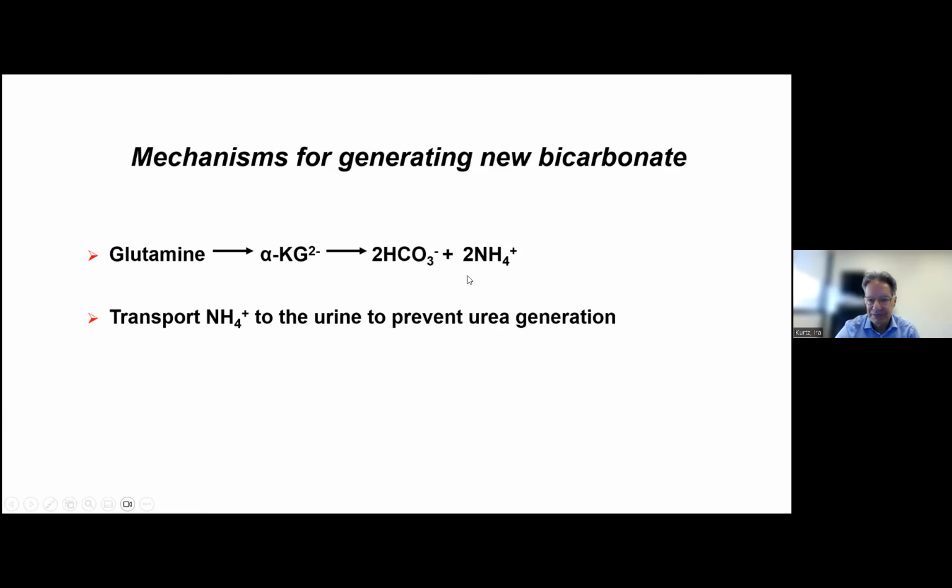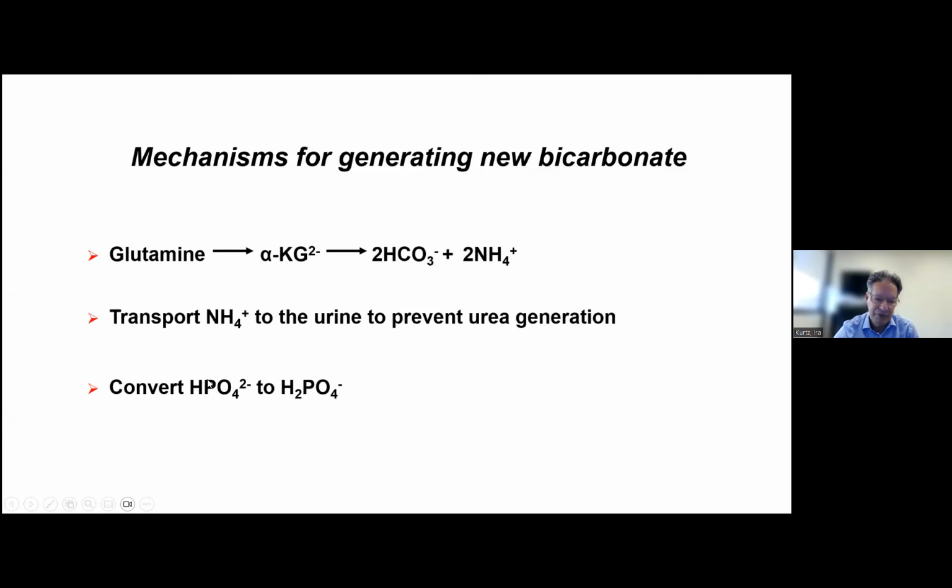So it's important that the kidney tries to not send this ammonia back into the renal vein. Of course, all the new bicarbonate is sent into the renal vein via NBCE1A. It's not sent into the urine. And we'll talk about that because the kidney doesn't actually send all the ammonia back into the renal vein. Some of it goes into the urine, which we know. We measure the urine anion gap or the urine osmolar gap, or we measure the ammonia directly. It's coming from this reaction predominantly.